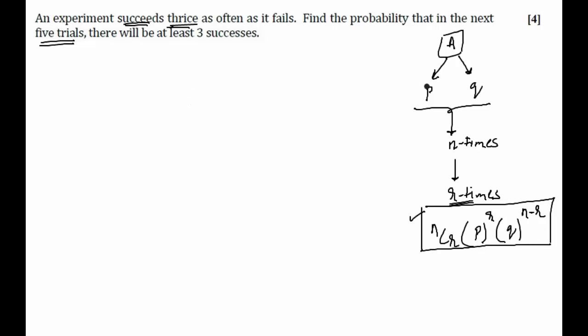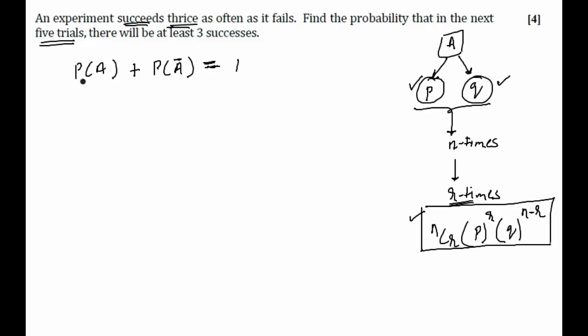First of all, we will have to find these two values: probability of success and probability of failure. According to the statement, the success probability is thrice that of failing. If I call the success probability P(A) and the failure probability P(A bar), then we already know that the sum should be equal to 1.